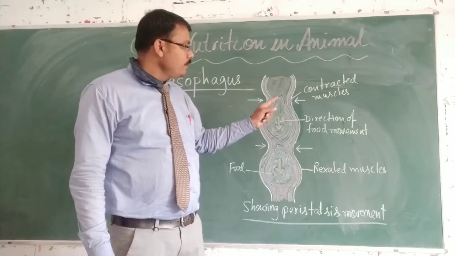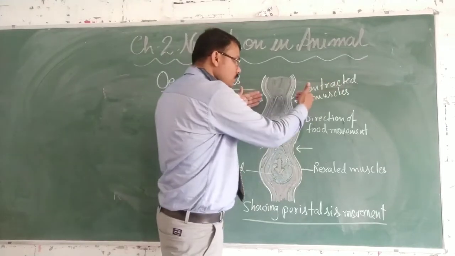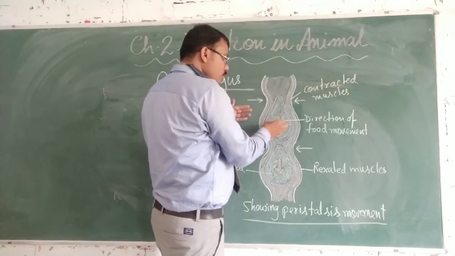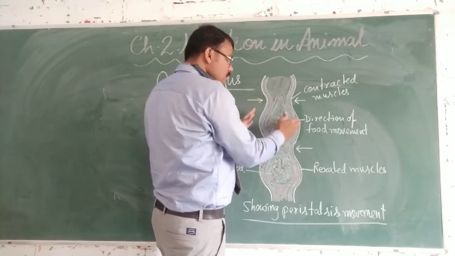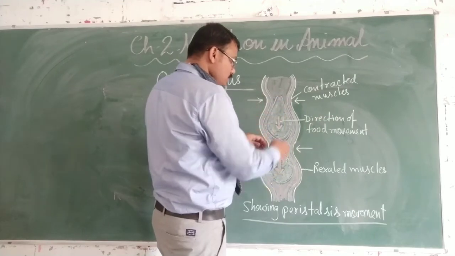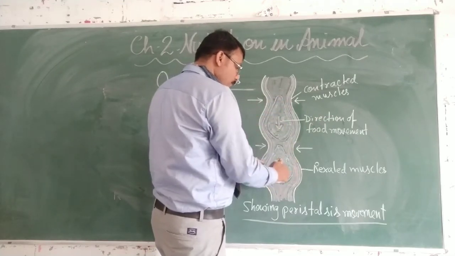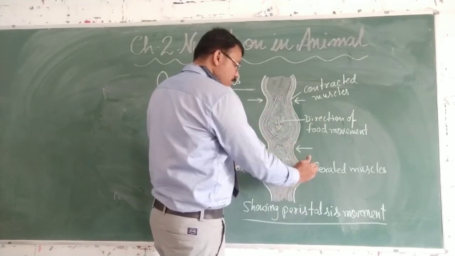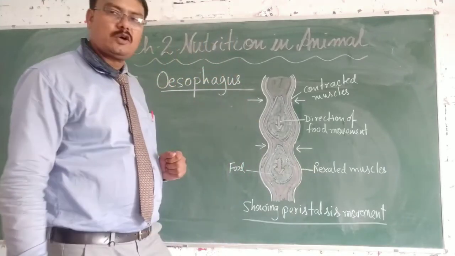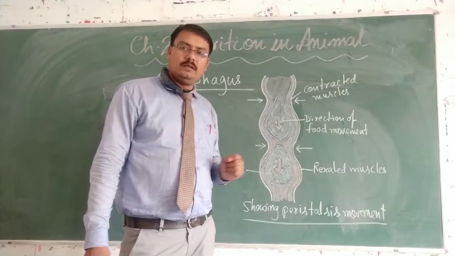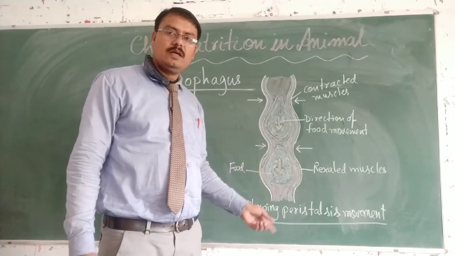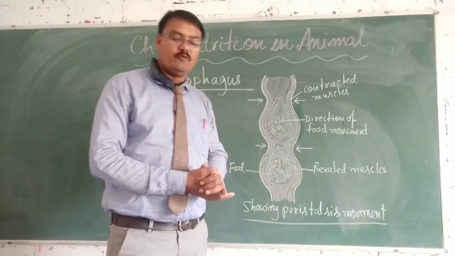One time the muscles contract, and when they contract, the food goes downwards, and where the food reaches, there the muscles expand. Again, when it contracts, the food moves downwards, and up to where it reaches, those muscles expand. In this way, the contraction and relaxation of the muscles of this food pipe, and the method of the food going downwards towards the stomach, is called the peristalsis movement.